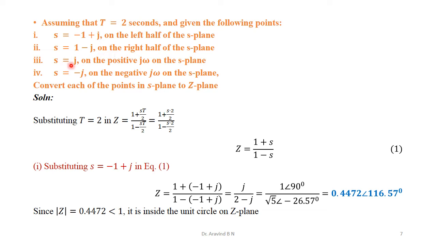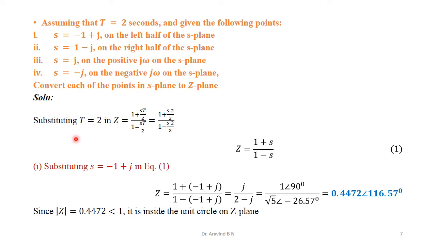Third, s is equal to j on the positive j omega axis of the s plane. Fourth, s is equal to minus j on the negative j omega axis of the s plane. Convert each point in the s plane to the z plane. So the S domain representations are given, and we need to apply the bilinear transformation to convert them into the Z domain.